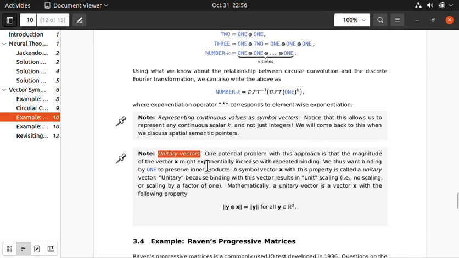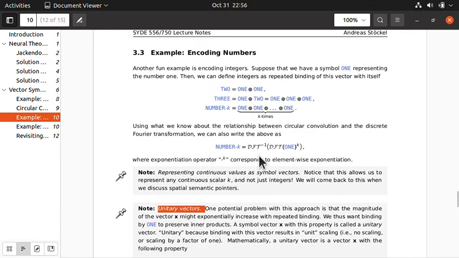It's called a unitary vector. So fine, mathematically defined. Basically, the way you get it is when you do the Fourier transform, you want the radius of the complex numbers to always be 1. But whatever, technical details as to how to define that.